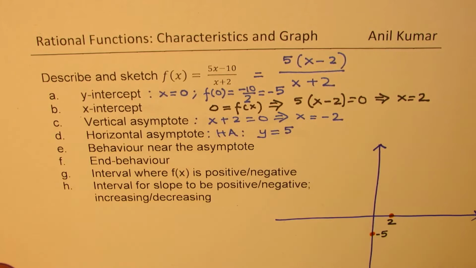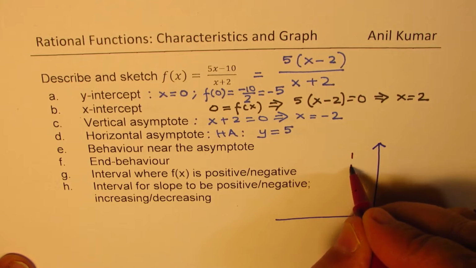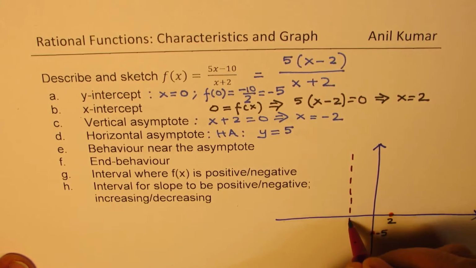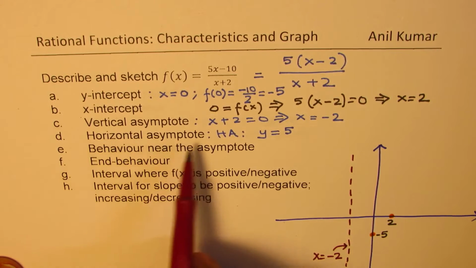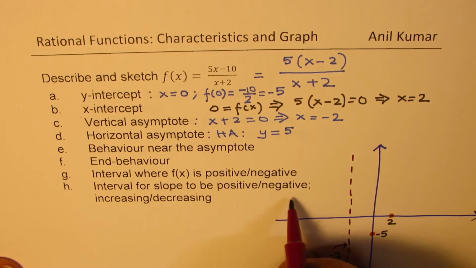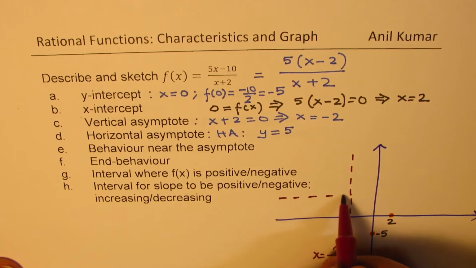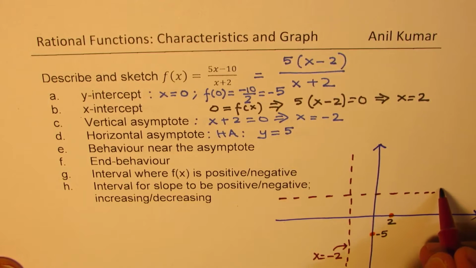The vertical asymptote is at x equals minus 2. So we can draw a vertical asymptote right there. Then we have a horizontal asymptote at y equals 5, sorry.